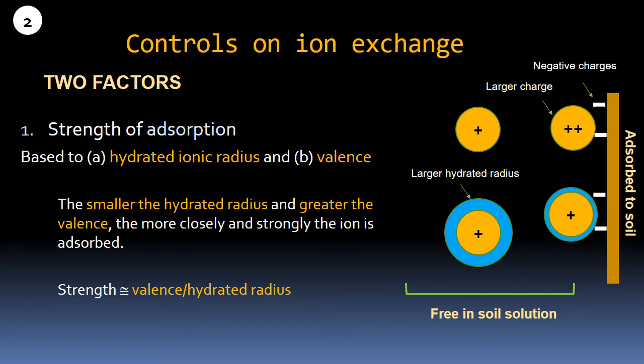In the condition that we have two different cations, one of them is +1 and another one is 2+. Which one of them will be tightly held in the soil if the soil has only two negative charges? Think about it for a moment. You would find that the one with 2+ would be tightly held in the soil. Why?